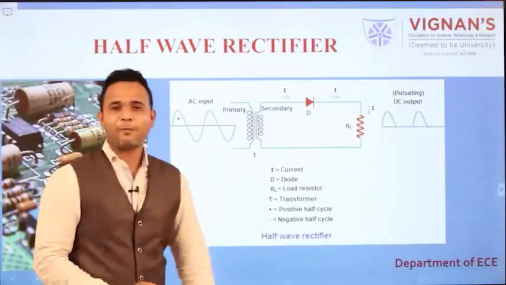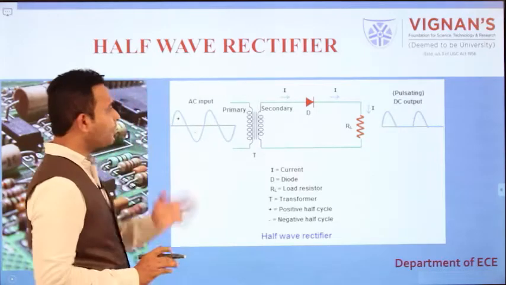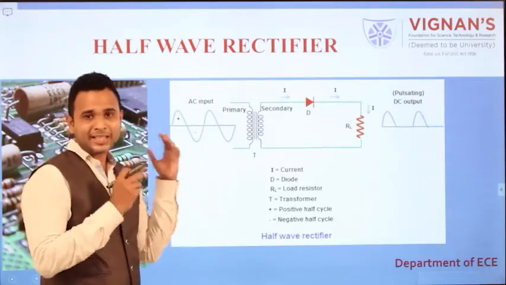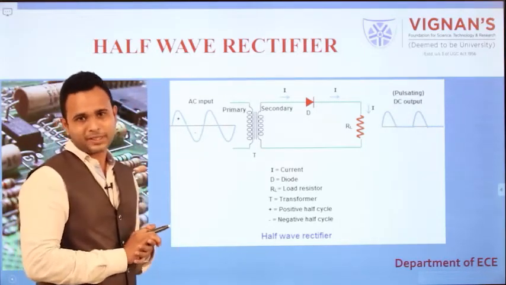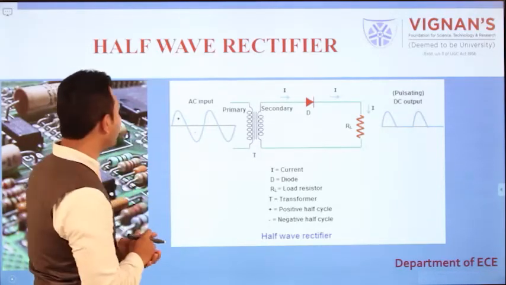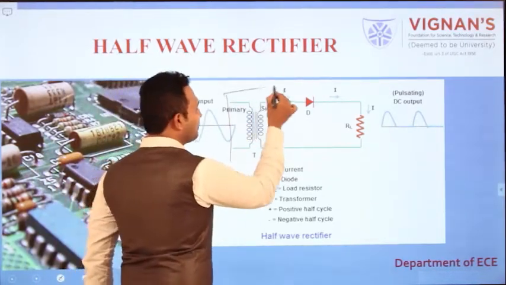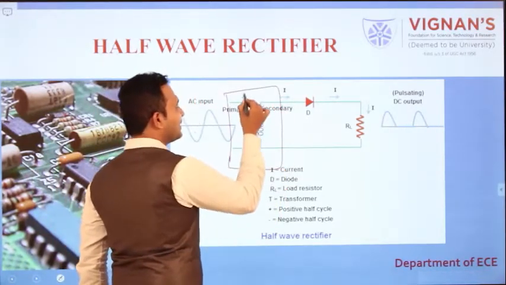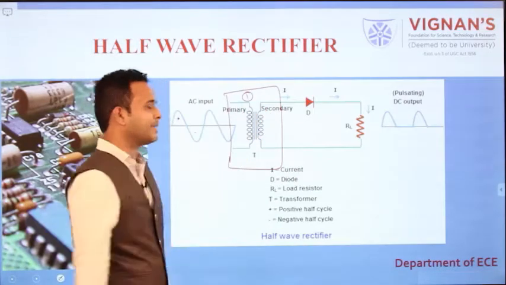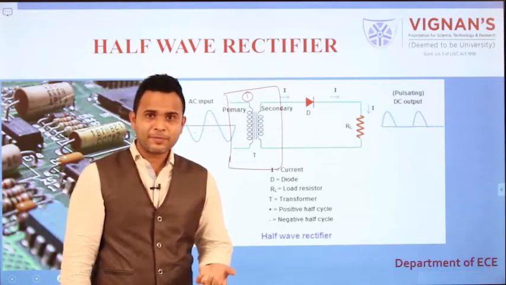Coming to the half wave rectifier. Why is it named the half wave rectifier? I will tell. At the input side we have the first block of the RPS, that is the transformer.